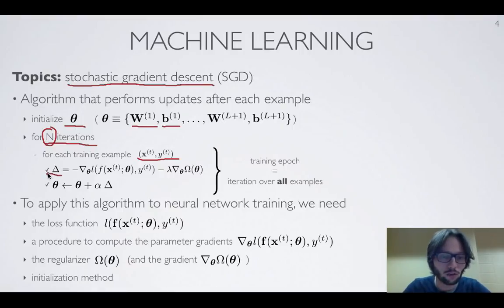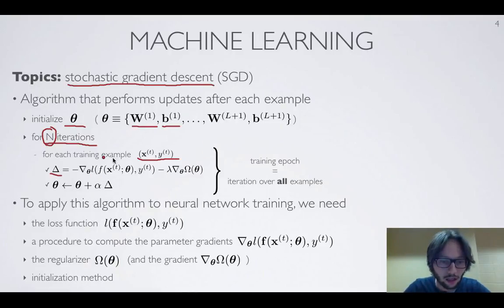A natural direction to use for a given training example is the opposite direction of the gradient of the loss plus the gradient of the regularizer. So we go in the opposite direction, so we have a minus here. Remember that the gradient tells us in which direction I get the biggest increase if I change a certain number of variables.